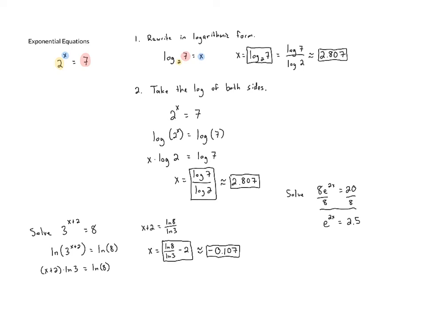And then if we take the natural log of both sides, well, the natural log of e to the 2x is just going to be 2x. The reason why is because taking the natural log of something and raising e to that power are inverse functions or inverse operations.